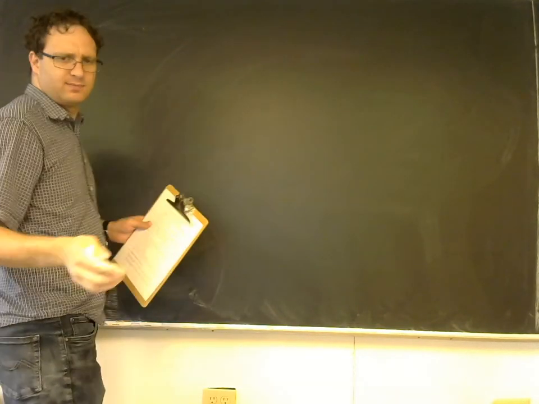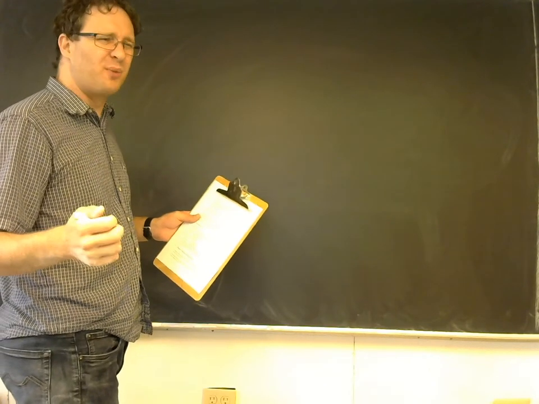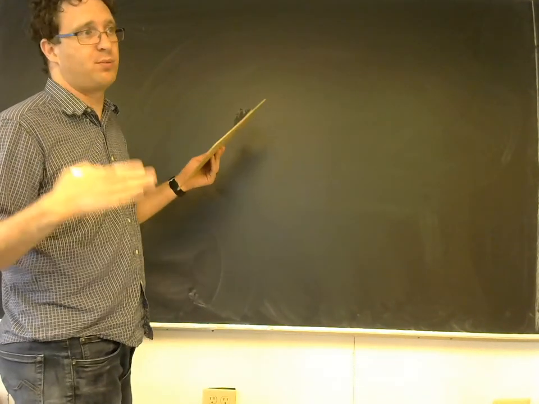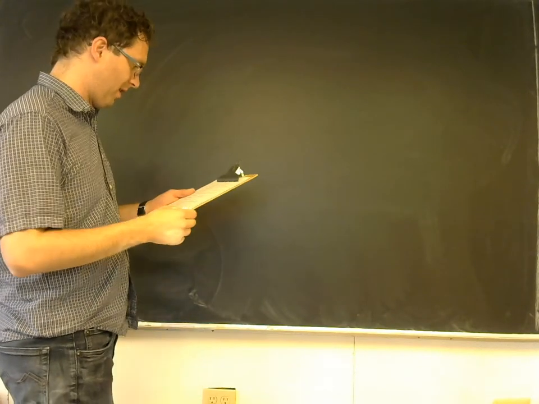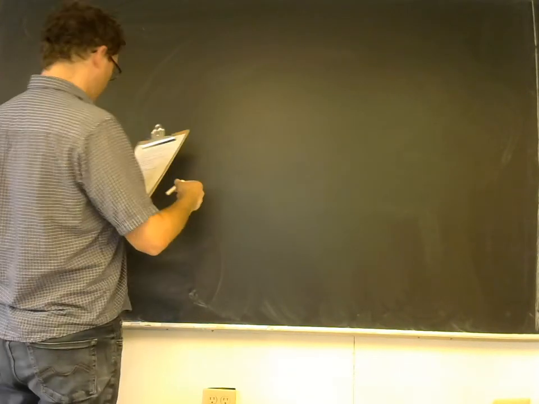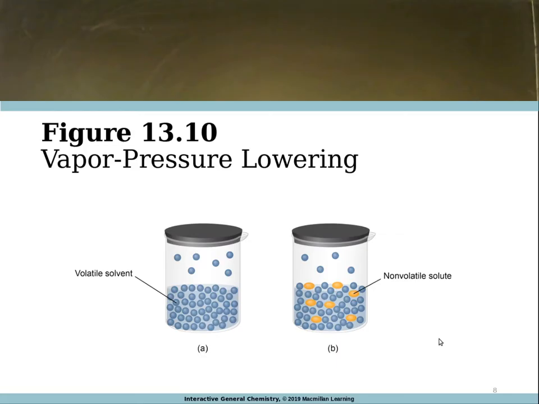In fact, in that table that we showed, there's a little bit of missing information, and that is the pressure of the gas above the solution. So, for example, I'm going to jump ahead a little bit to figure 13.10, which is talking about something we'll talk about in a couple of sections. But just looking at the figure on the left here, a volatile solvent, let's pretend instead that this is a solvent and gas particles that are dissolving into the solution.